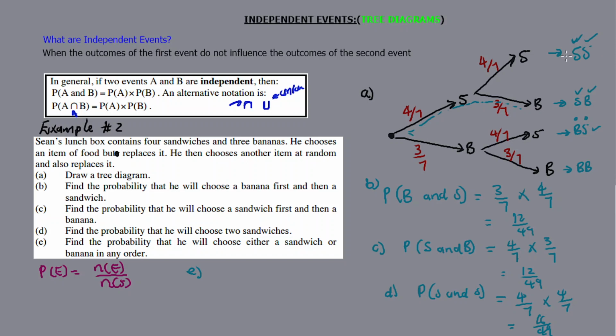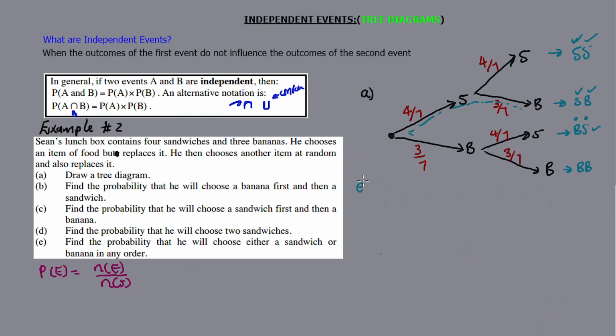It means the whole branch section. So what I'm going to do here, I'll erase this part so that we have enough space for the calculation. All right, E. So E, it is not the whole branch, because the question says find the probability that you will choose either a sandwich or a banana.